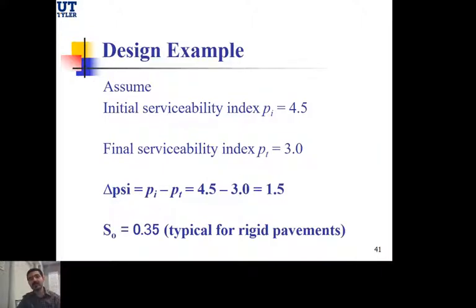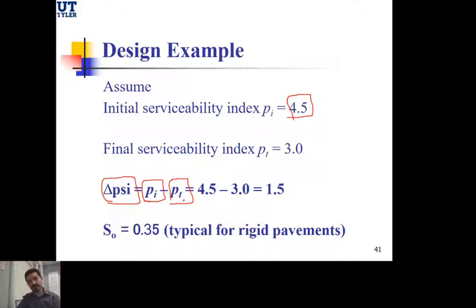And then we're going to talk about how I can get the delta PSI. The delta PSI is basically the initial serviceability minus the terminal serviceability. The initial serviceability is 4.5. This is again the default value for brand new rigid pavements. And the PT, the terminal serviceability, only depends on the classification of the roadway.